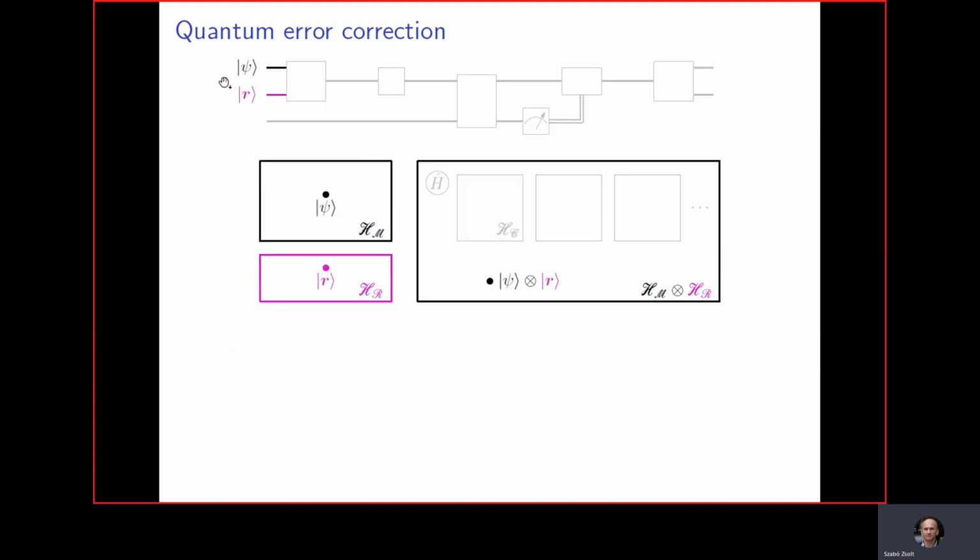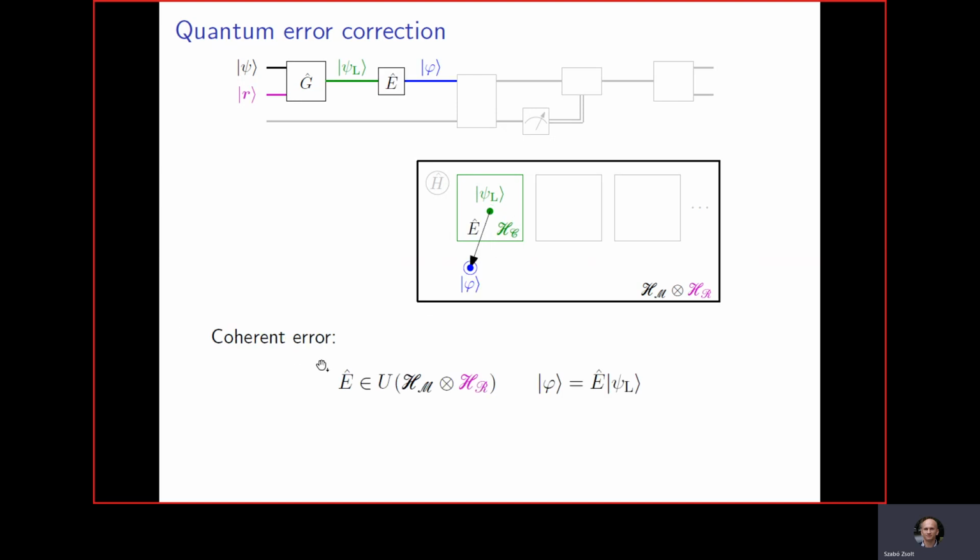At the beginning of the communication process, we have a message register that is in the state psi. This state psi we want to send through the communication system, a part of which is the noisy channel. There is also a redundancy register that is in the state R. The tensor product of psi and R is encoded into a logical state psi L, and this psi L is sent through the noisy channel and is altered by the noise.